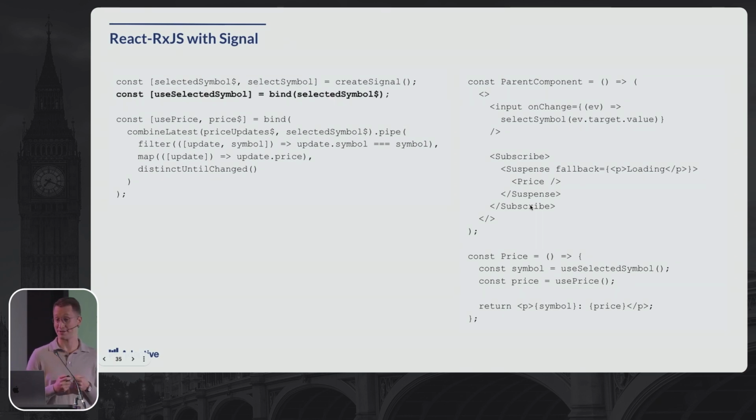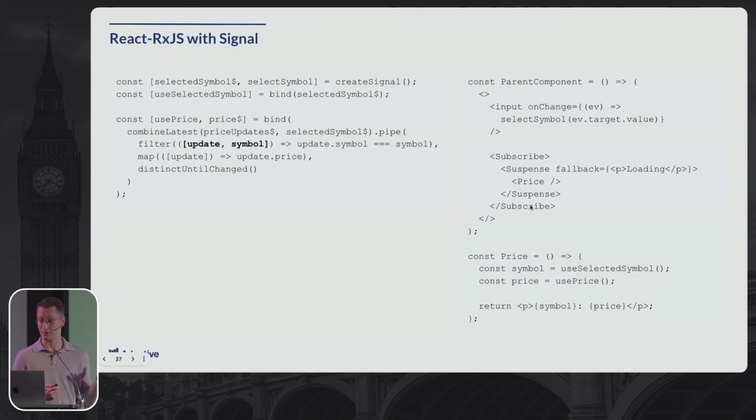We'll, of course, bind that observable to React using the bind function. And our observable has changed a little bit now. We're using an RxJS function called combineLatest to combine the two observables. And combineLatest will emit whenever one of the two changes. We now filter by the symbol that comes from our selected symbol observable.